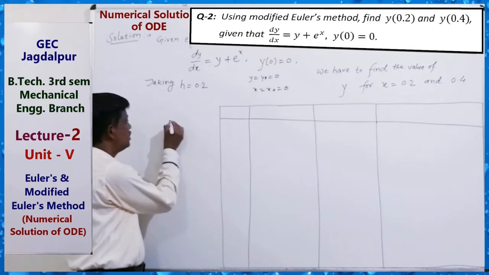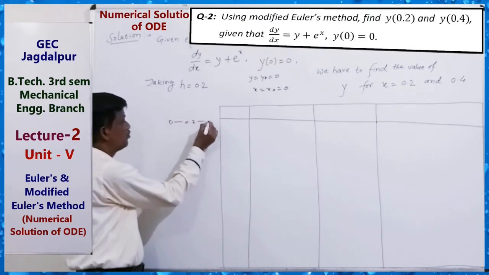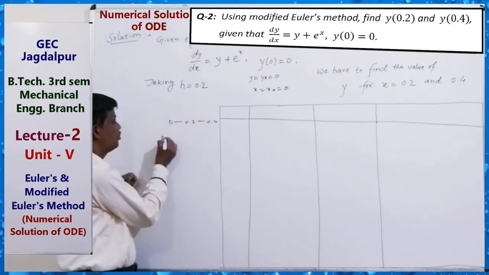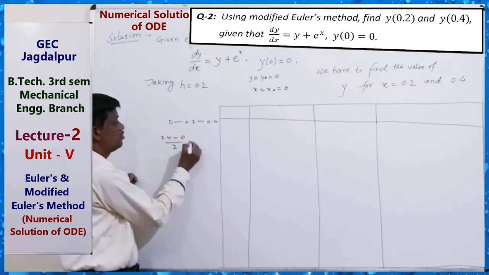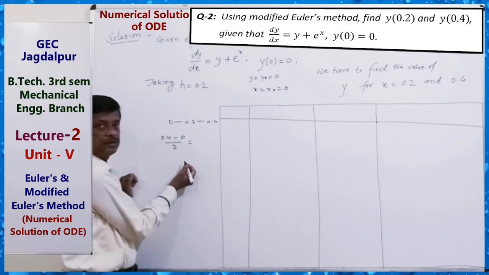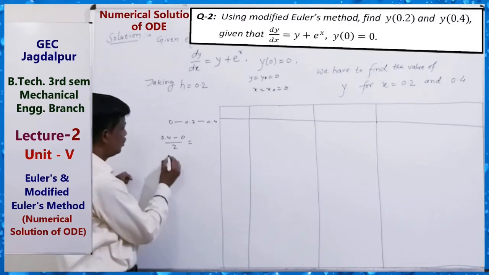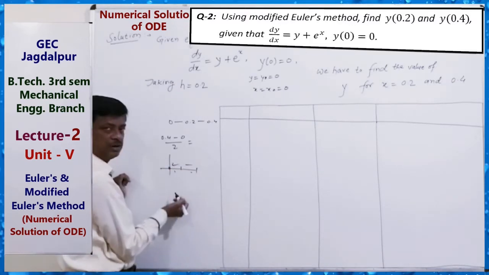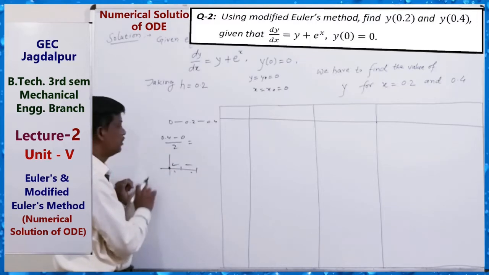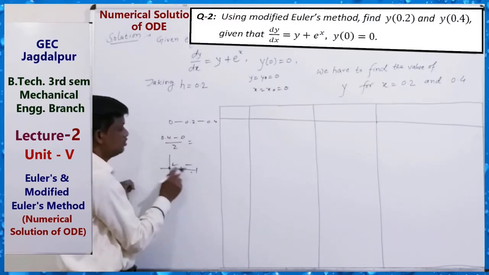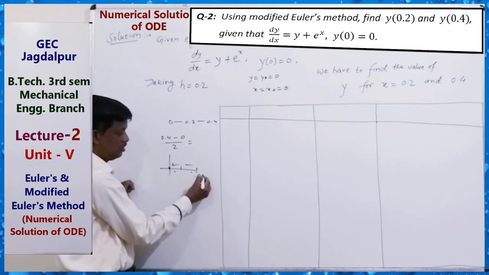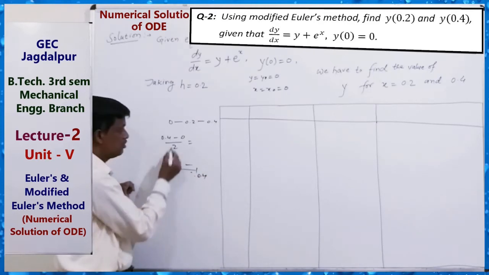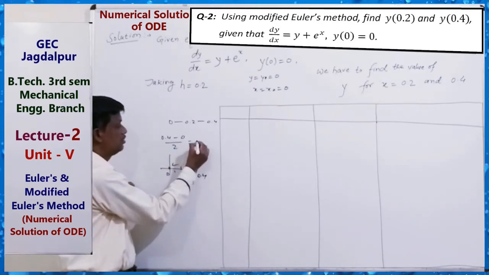Because 0 to 0.2 to 0.4, so 0.4 minus 0 upon 2, since there are 2 parts, equals what? 0.2.